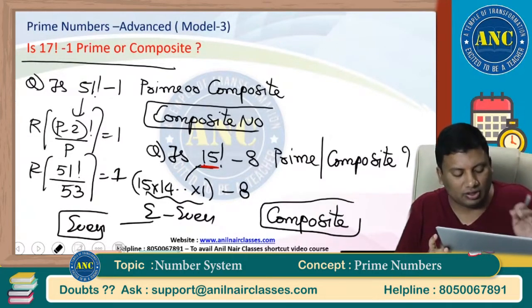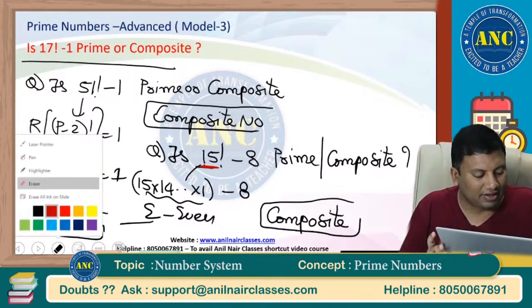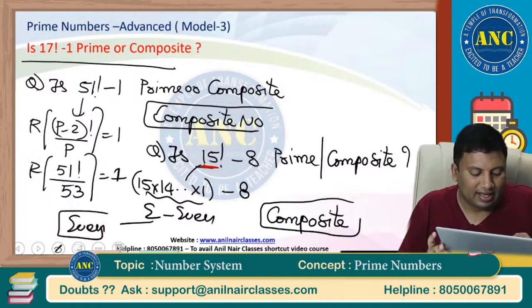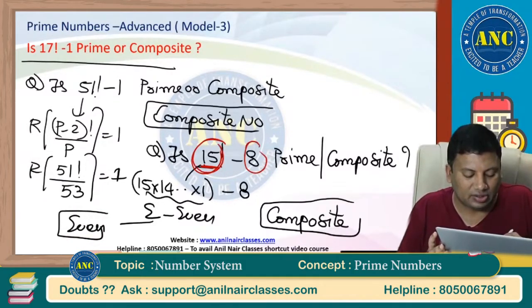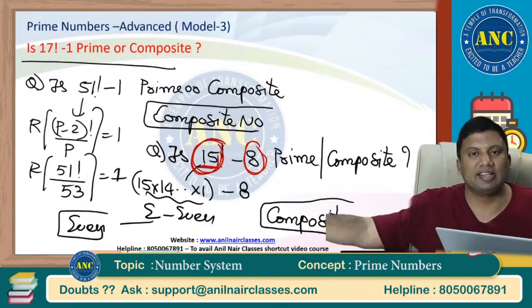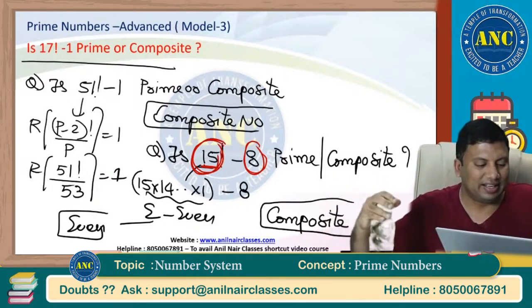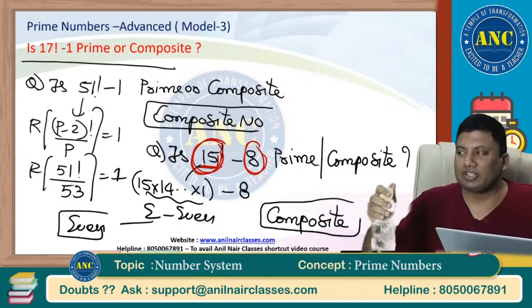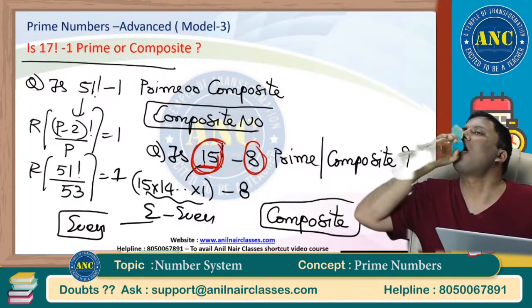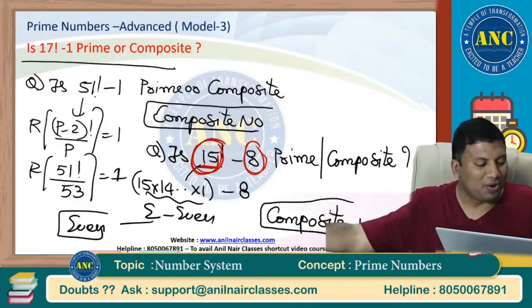Just I wanted to tell you that 15 factorial contains 2, contains 4, and contains 8, and 8 also contains 8. Model number 3, Wilson's theorem application. I hope it is clear.